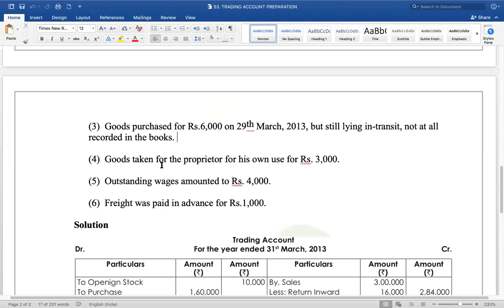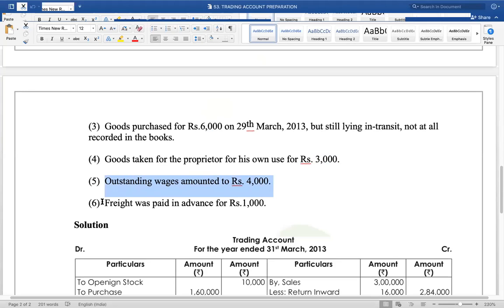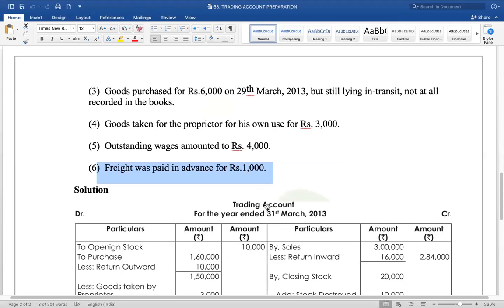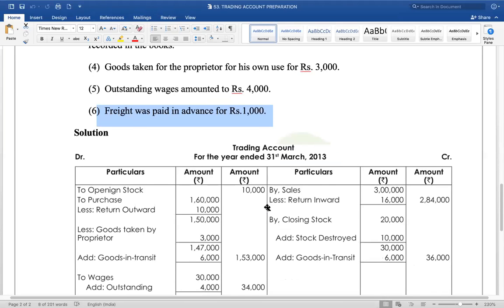Goods taken by the proprietor for personal use, 3,000. This is drawings. Outstanding wages are added to the wages. Freight was paid in advance, 1,000. Outstanding is added, advance payment is deducted. Okay, look at this.